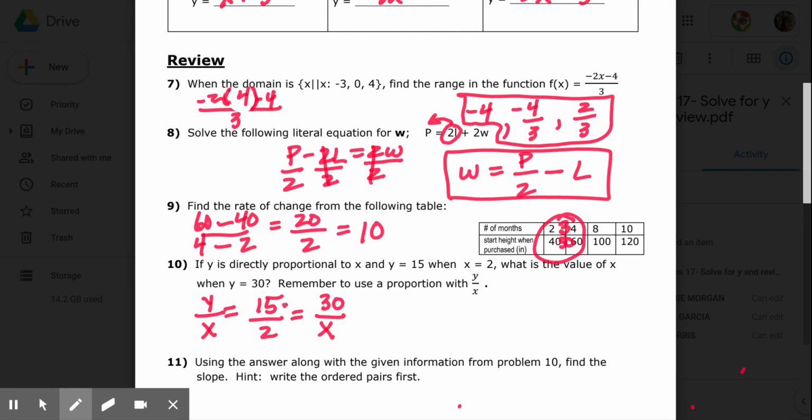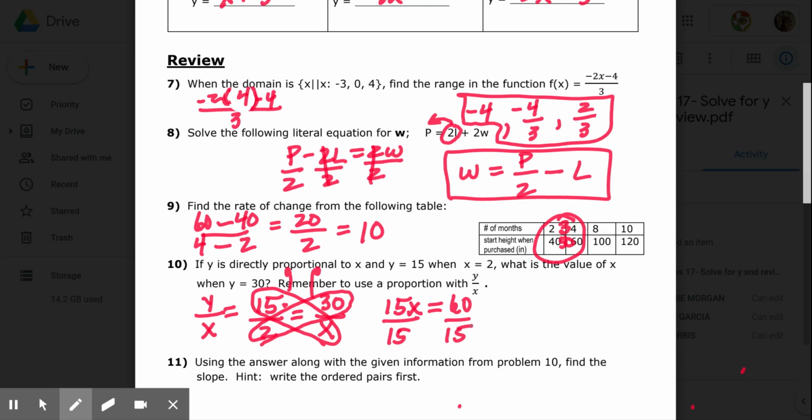Or you can do the cross multiplying and do the little butterfly method. Here's your little tentacles on your butterfly. So 15 times x is 15x equals, and 2 times 30 is 60. And then you would divide both sides by 15.